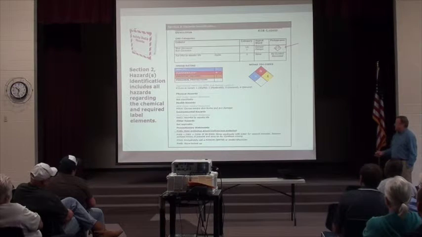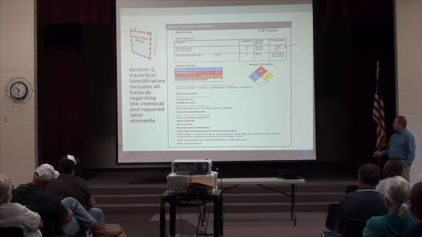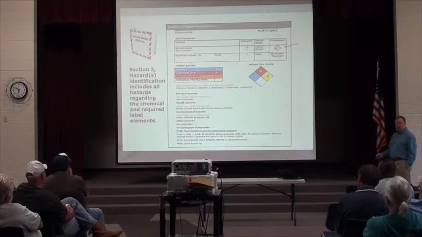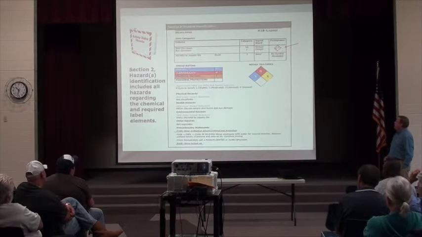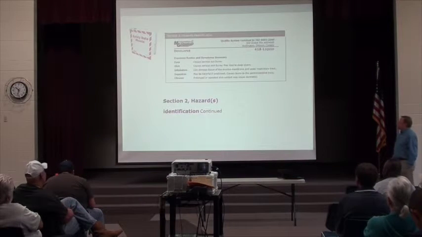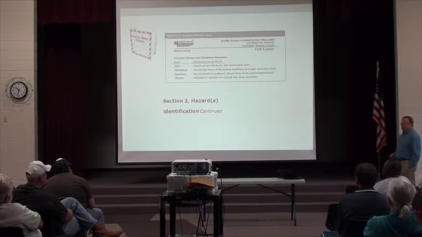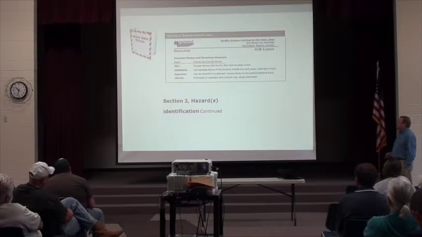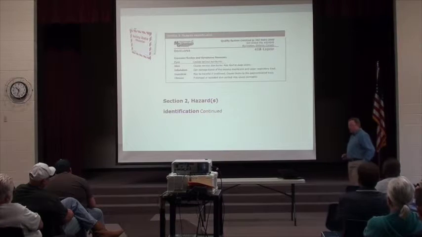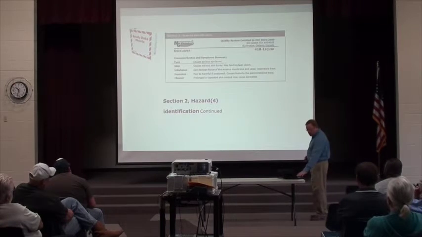Here's your precautionary statements in section 2 of the safety data sheet. Wear protective gloves, clothing, and eye protection. So the stuff that's on that label is in that data sheet as well. Also in section 2, you're going to have exposure routes and symptom summary. It's going to tell you what it can do to your eyes, what it can do to your skin, what's going to happen to you if you inhale it, and what happens to you if you ingest it.